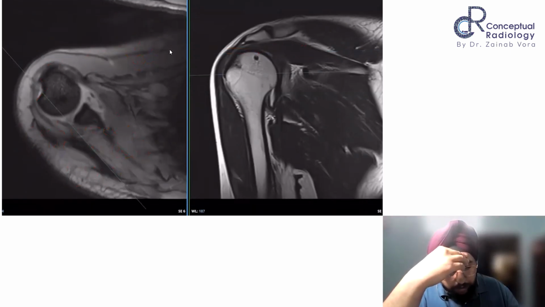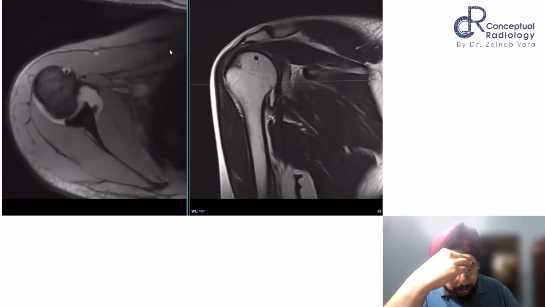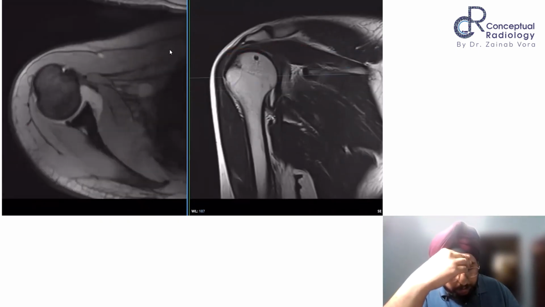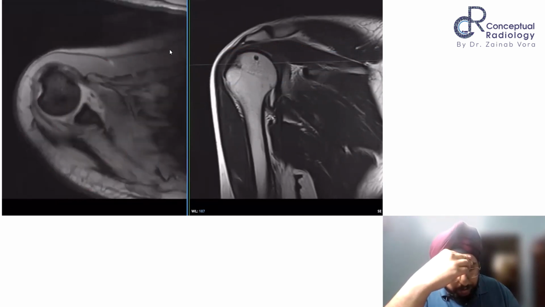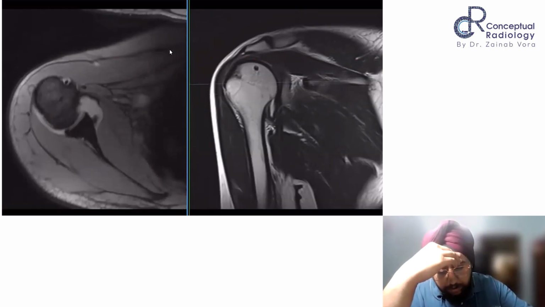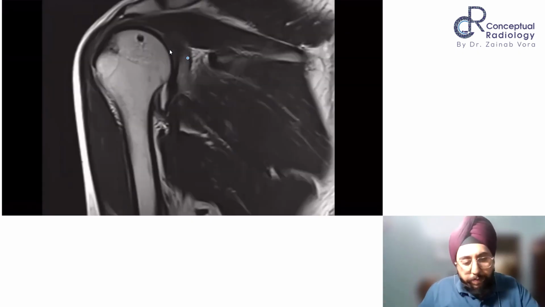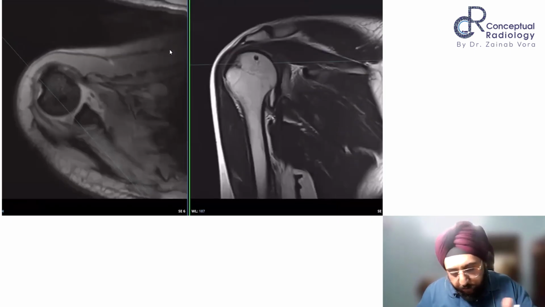Let us move downward. And now on the downward sections, what you see is where the Hill-Sachs ends. My measurement is not working here. Okay, it's very simple. You just open the coronal oblique images by the side.